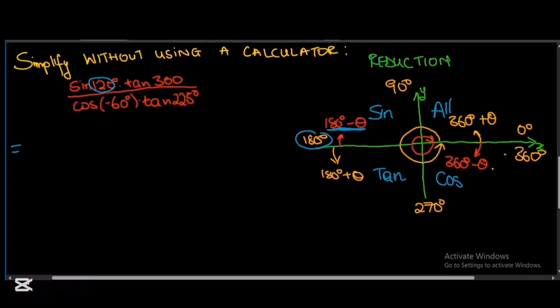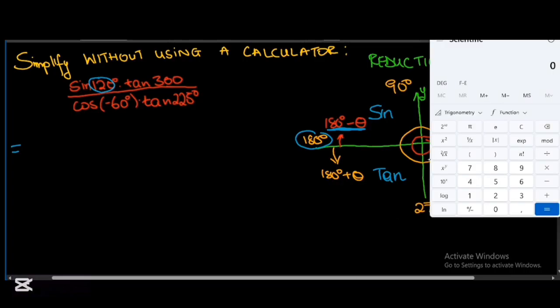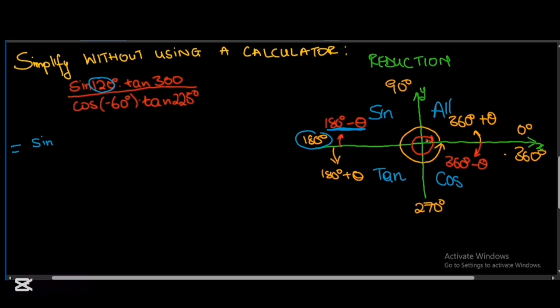How would you get this theta? You just punch your calculator: 180 minus this angle 120 equals 60. So this angle is actually 60. So we're going to say sine of 180 degrees minus theta, which is 60. 180 minus 60 gives us 120, times tan.